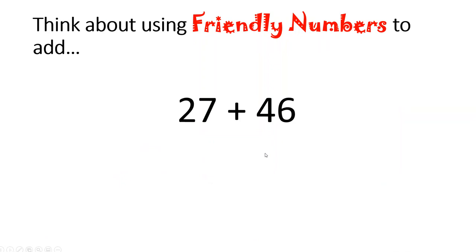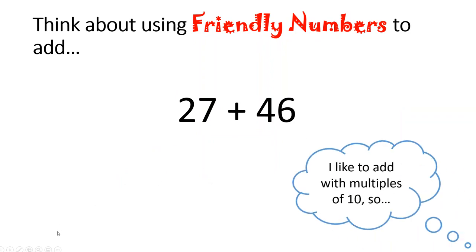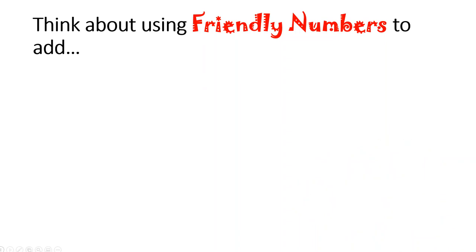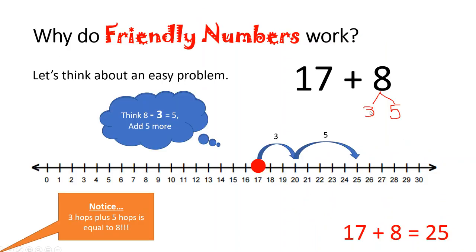So now we're going to think about adding friendly numbers to add. I like to do this in my head eventually, but sometimes I need to kind of do it right now at first until I get good at it in my head. I like to add things with multiples of 10, so then I don't have to worry about the ones place. So if I add 3 to here, it would make 30. But where would I get that 3? Remember in our last slide, where did we get the 3?